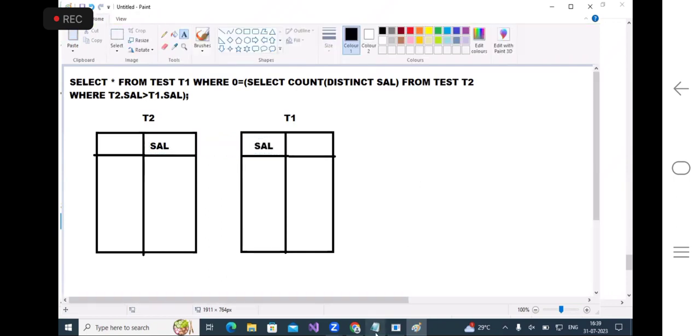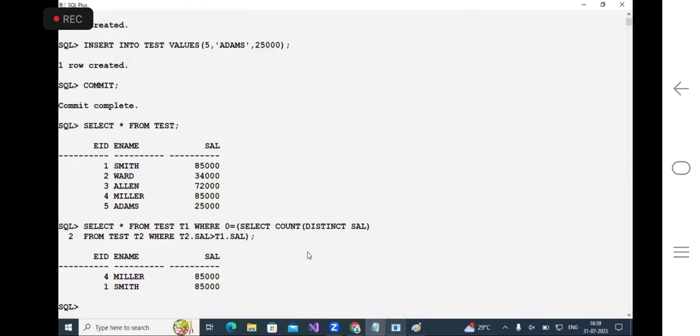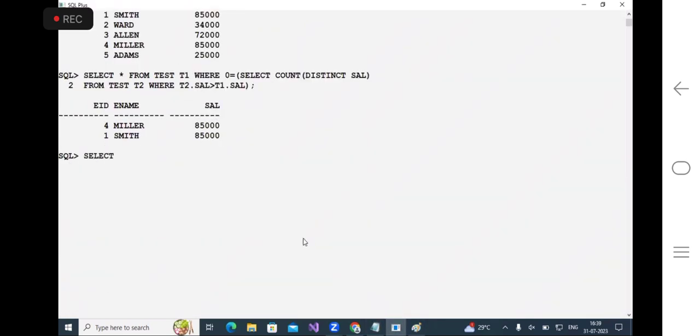Now come back and see my table information here: select salary from test.